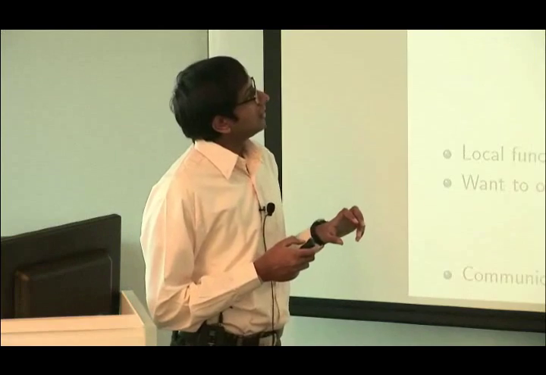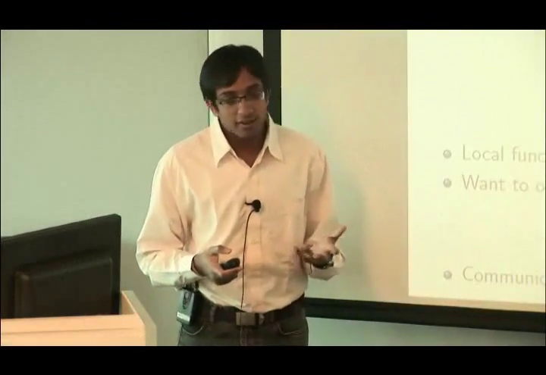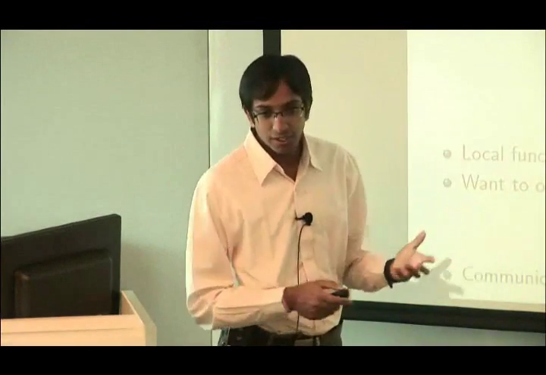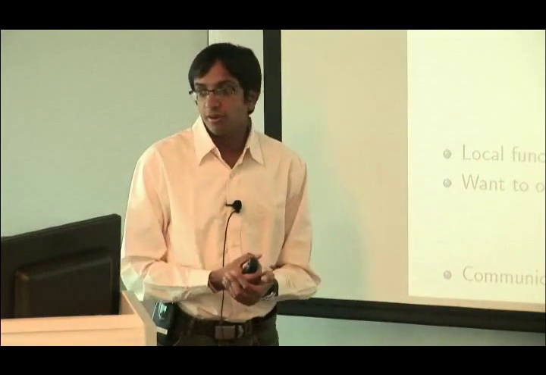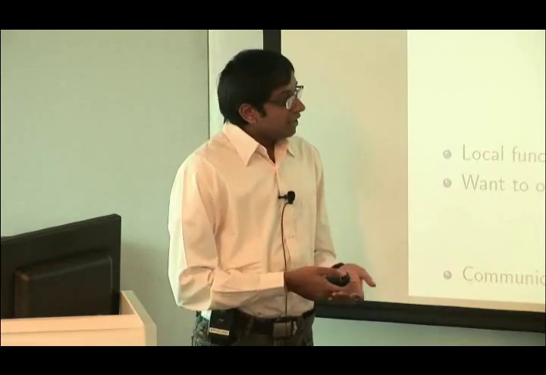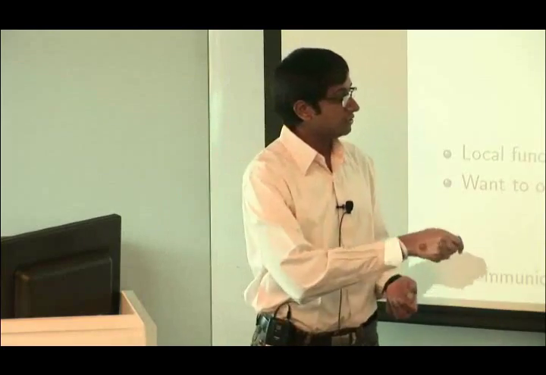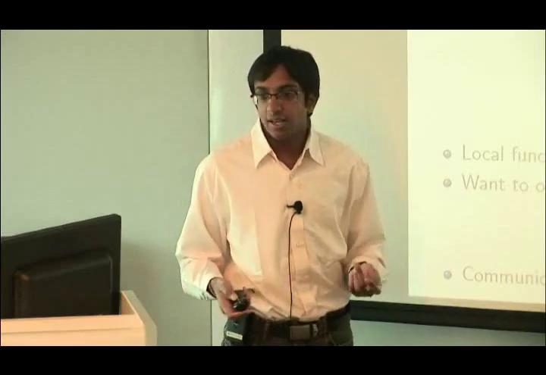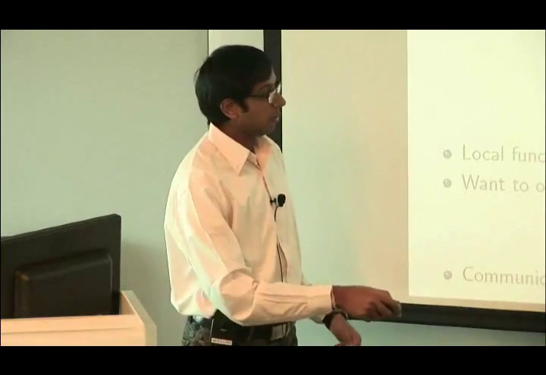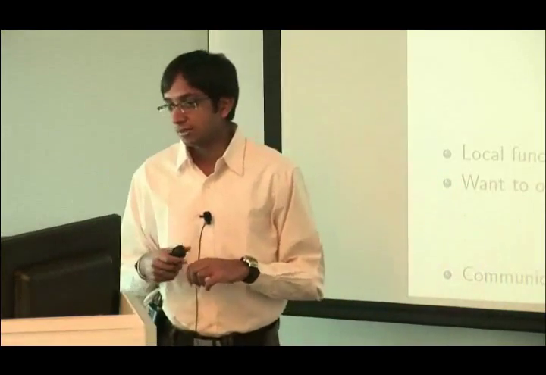Sure. So the basic picture we often carry in our heads for the distributed framework is that we've got a big data set. We split up the data set into smaller chunks, giving each computer in our network a chunk of the data. Based on that, each computer can define its local loss function by computing the sample loss over its subsample, and then minimizing the entire loss over the data set corresponds to minimizing the sum or the average of these local functions.